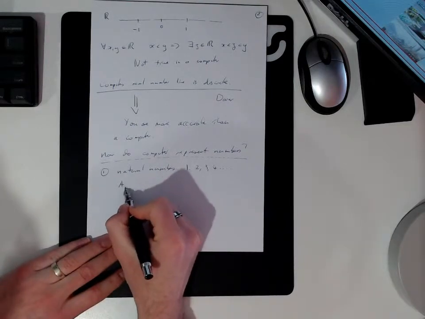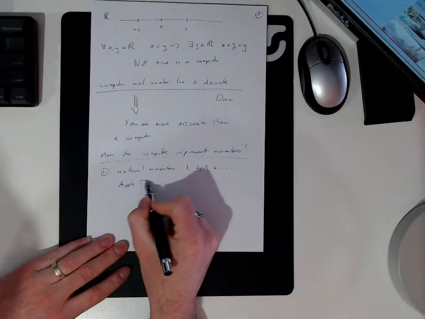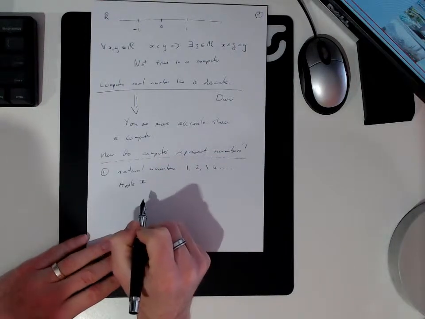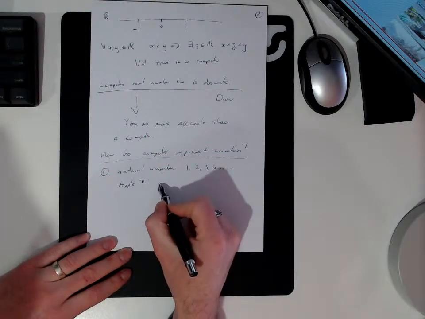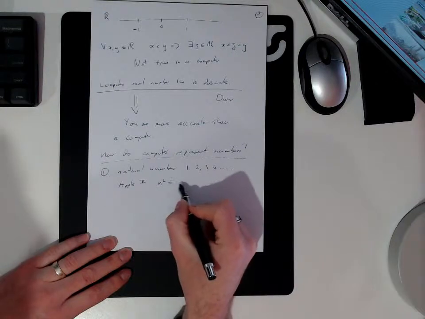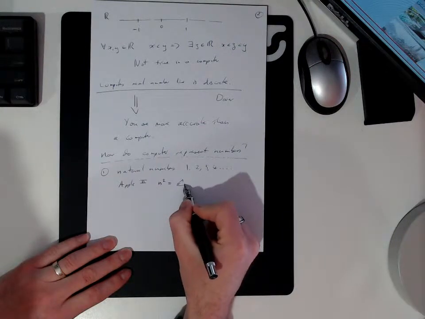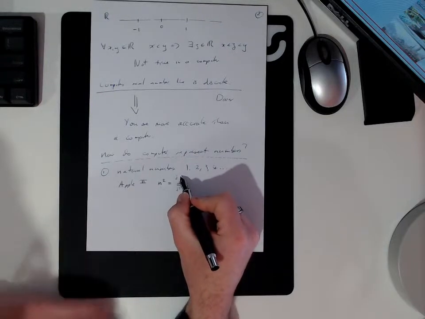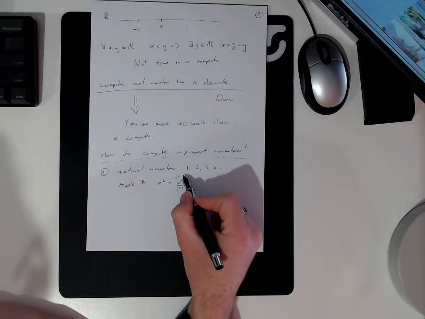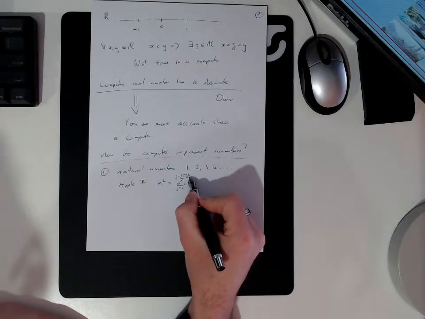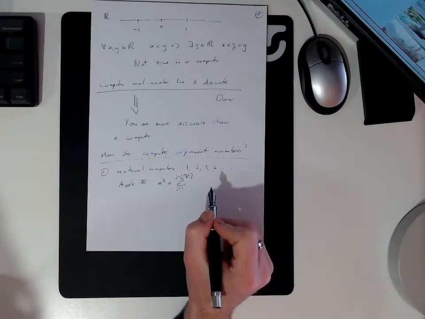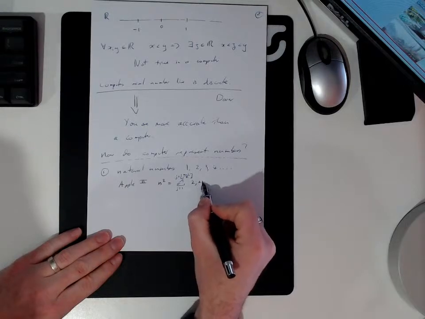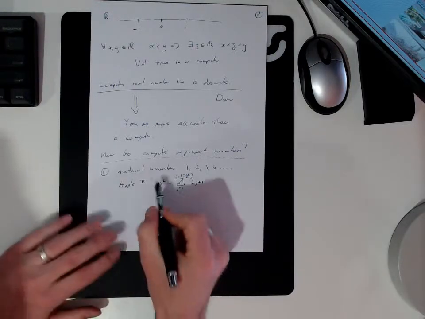Famously, I'm not 100% sure it's famous, the Apple II used the result that n squared is equal to the sum from j equals 1 to n of the j-th odd number.